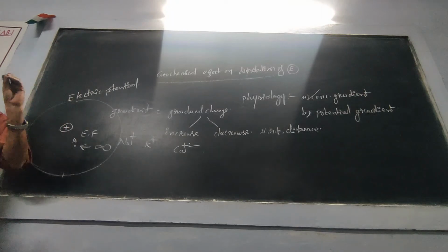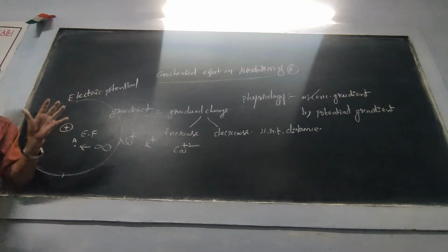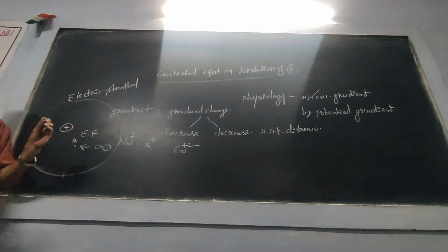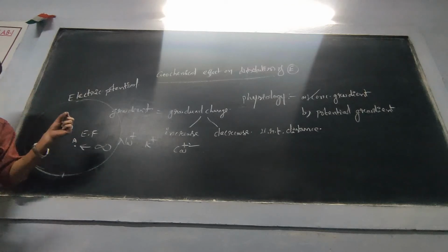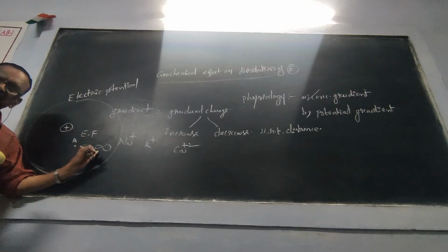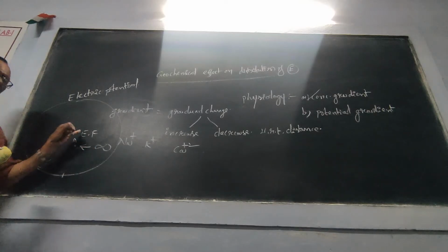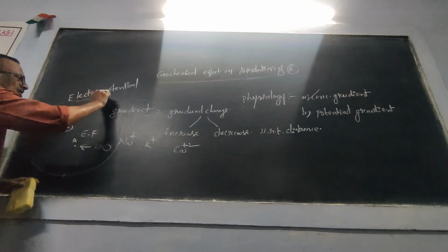The amount of work done in moving a unit positive charge. So we are taking the unit positive charge as the standard here, for moving it from infinity to that point in the electric field. That is called the electric potential. Now what is the potential difference?